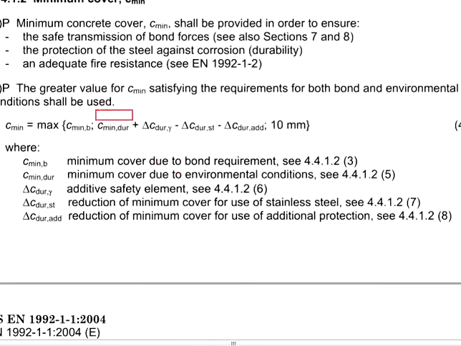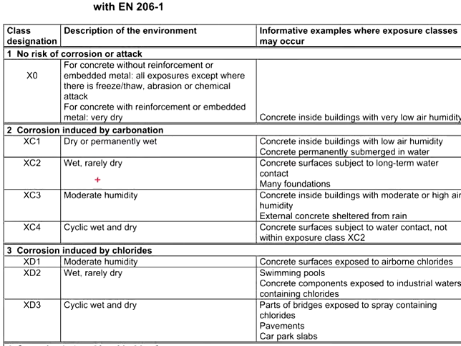As for the C min,dur due to the environmental conditions, first you will need to know the classification of the concrete. For normal construction, normally we look at XC2 and XC3. XC2 is normally used for foundations, whereas XC3 is used for the other types of structural elements.